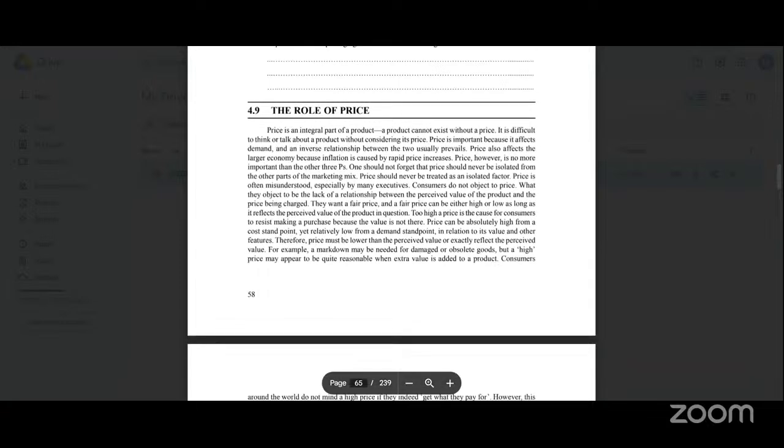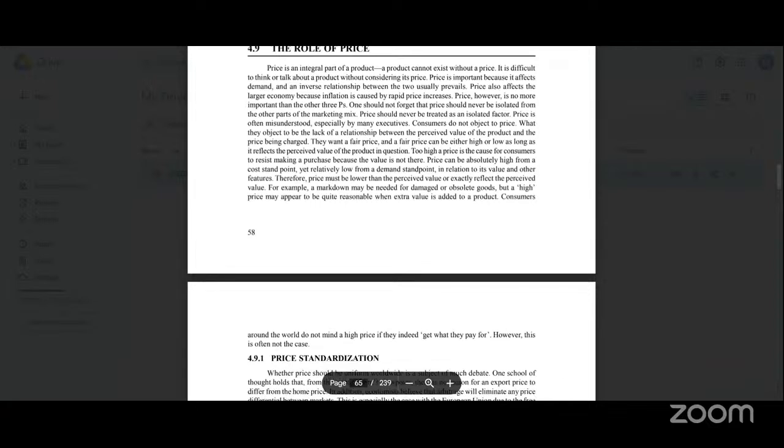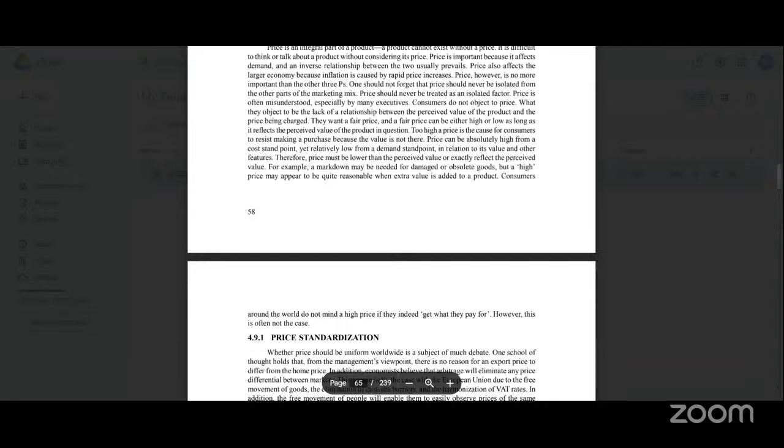So the role of pricing is also a very, very integral part of a product. A product cannot exist without a price, because if a product does not have a price, it cannot be sold. What we also need to ascertain is what is a high or a low price. For example, some countries may prefer the same product to be sold at a higher price because it indicates a certain exclusivity or premium attachment to it.